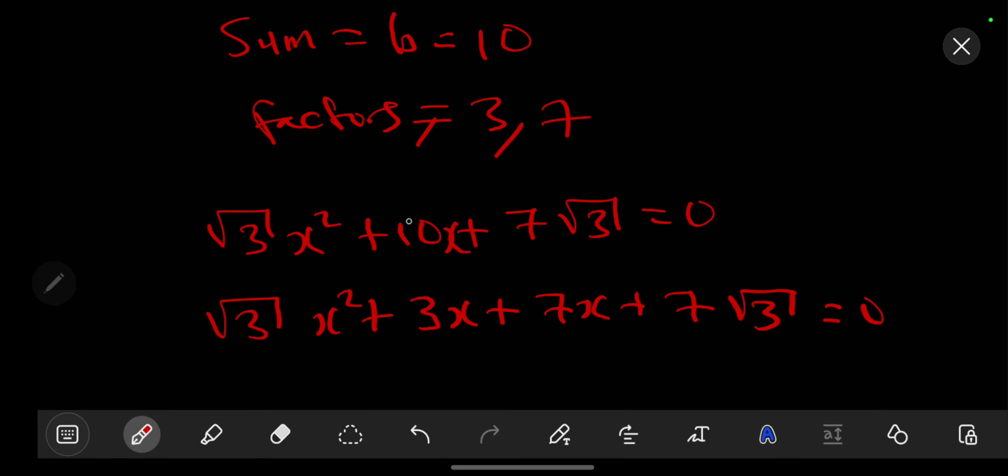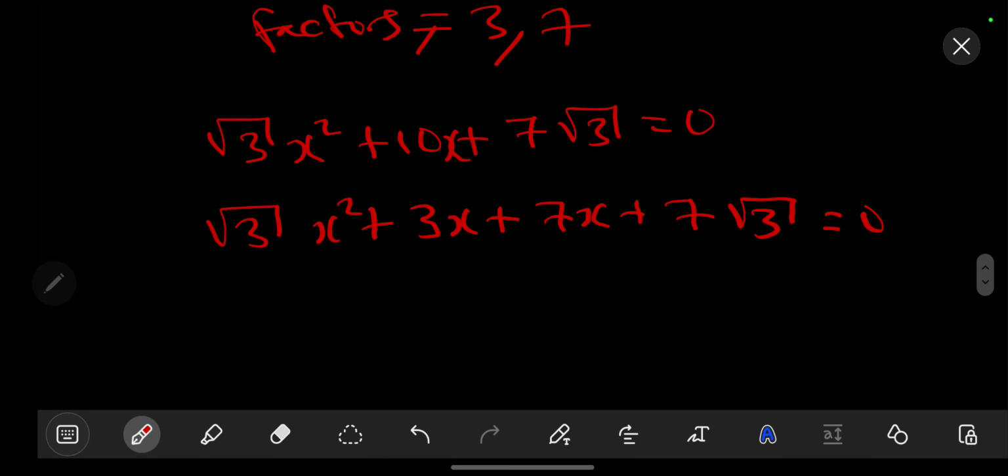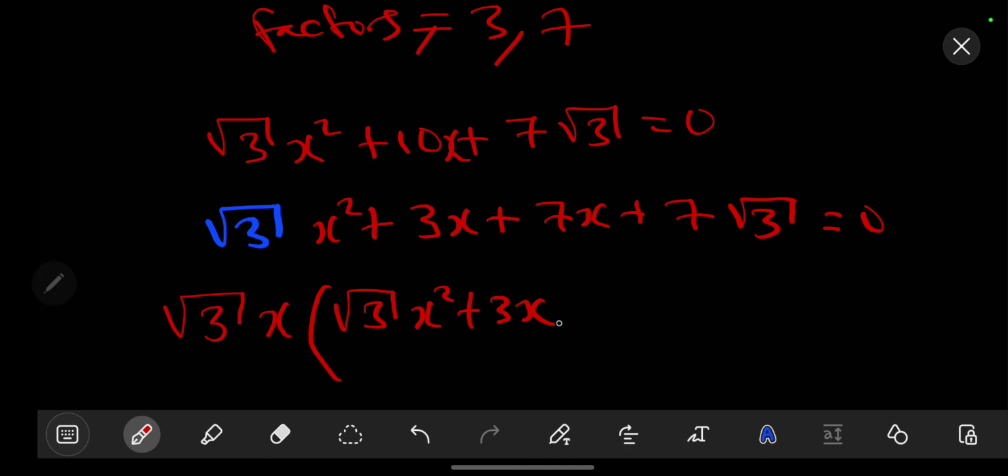7x plus 3x will give you 10x. You haven't changed anything. From here, factorize. Begin by factorizing the square root of 3. Even x is common, so let's write the whole equation for the sake of understanding. We have the square root of 3 x squared plus 3x.